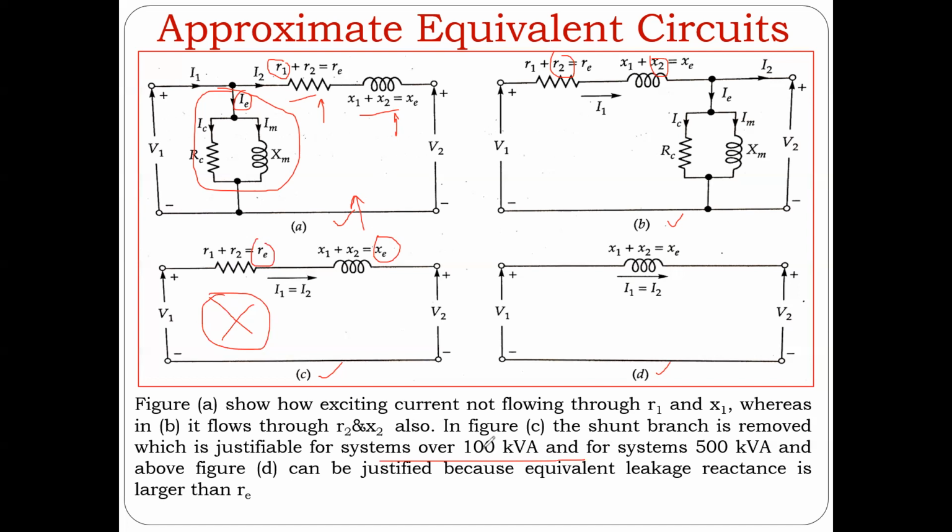For transformers which are more than 100 kVA, the value of the equivalent leakage reactance is pretty high, so you can neglect this. Neglecting this means you can just ignore it. IE would be too small to be considered in front of I2, and so you can ignore it. For systems which are more than 500 kVA, we can even ignore the entire internal resistance, and we only consider the leakage reactances, which are pretty high.